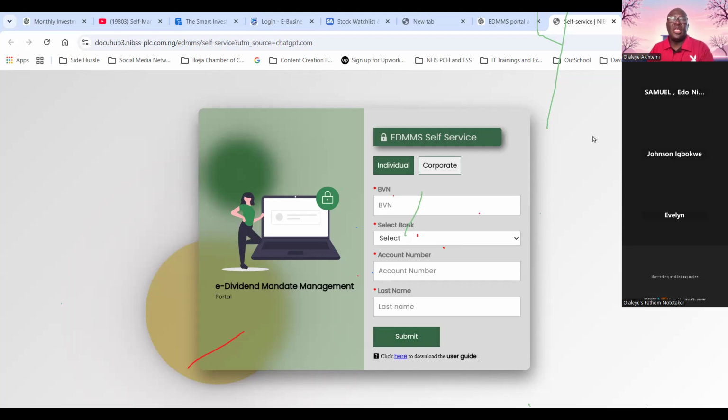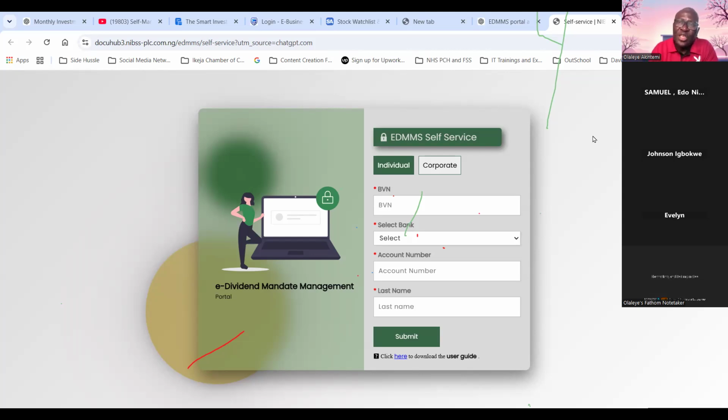So this is the EDMMS self-service portal. And this is how you should be doing your e-dividend mandate. If you don't do it this way, the alternative is for you to download a PDF form. And then when you download the form, you have to print it and fill it by hand. And then you scan it again and send it by email.